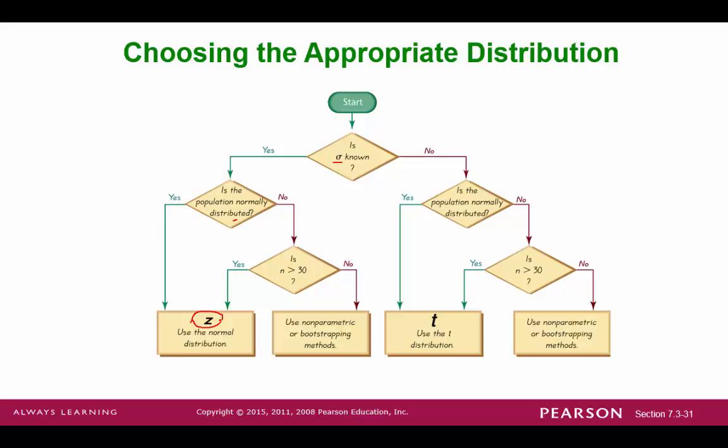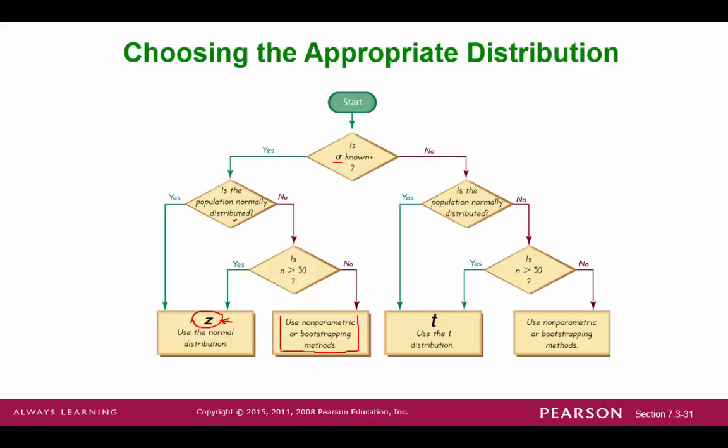If so, we'll go back to the z distribution. If the population is not normally distributed and the sample is not large enough, then we can't use a z distribution, and we're not going to cover that in this class. There are some other techniques, using non-parametric or bootstrapping methods, that we're not going to cover.